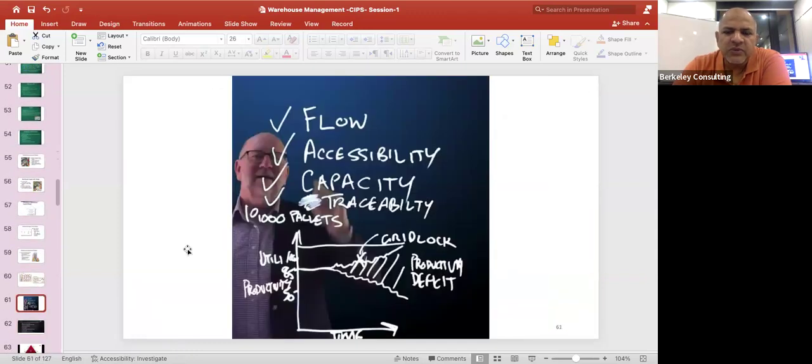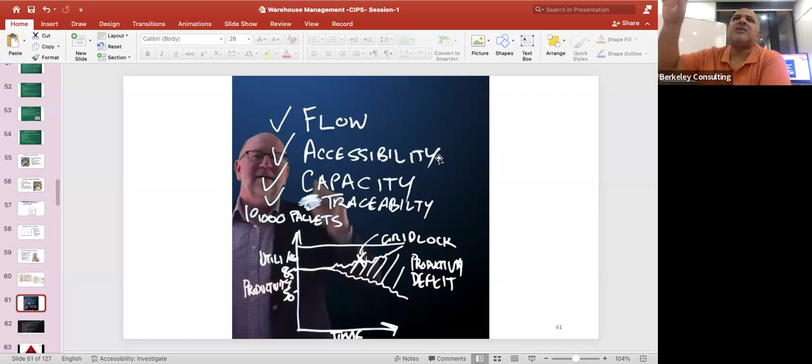Right, this is also important. In your warehouse setup, you have to make sure you have enough flow that you maintain, in and out. Do you have the space to manage? Accessibility: can you access easily?